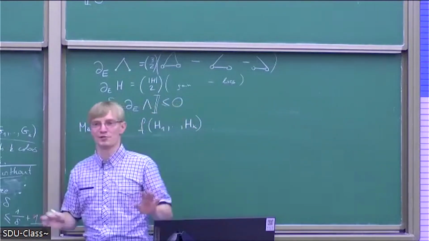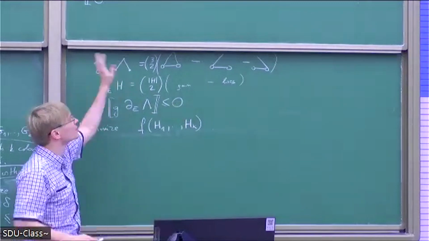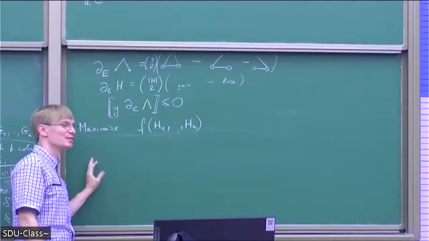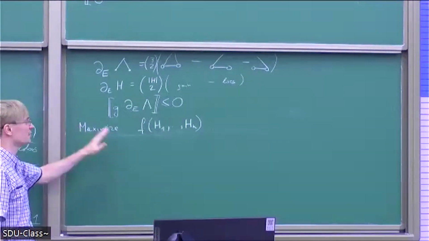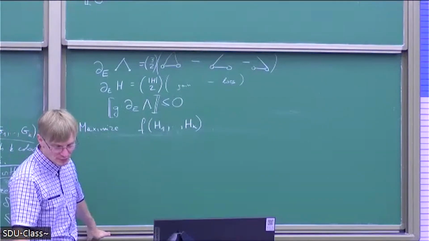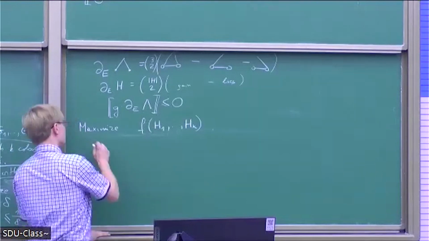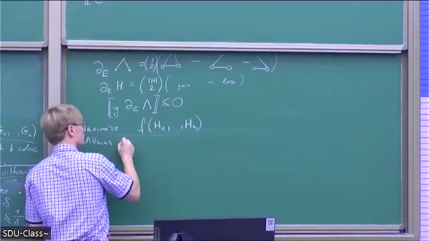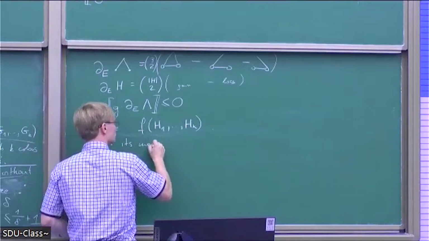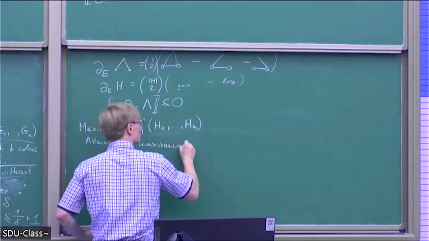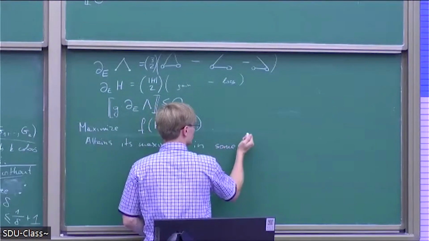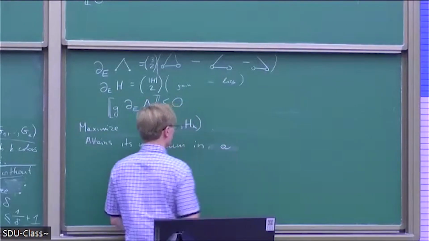It can be some strange function. It does not need to be just a sum or a single graph as we were considering till now. It can be a really ugly function. And say that this attains its maximum in some point A.